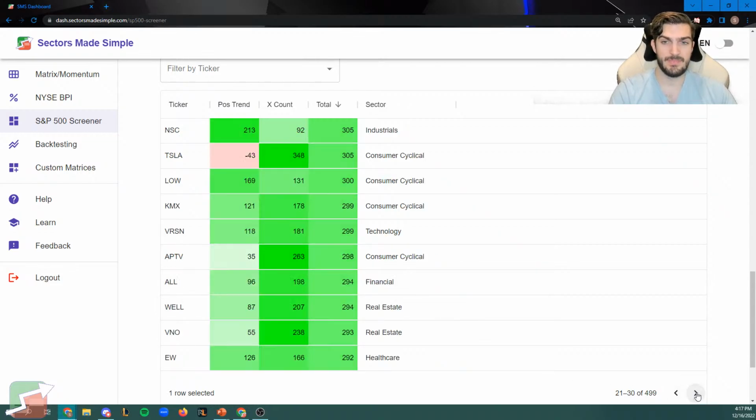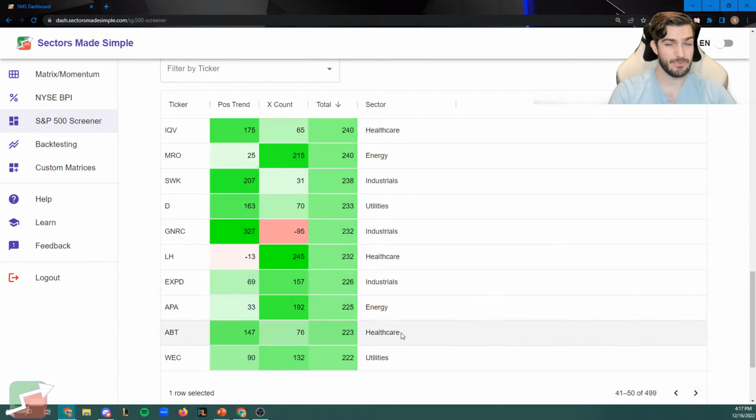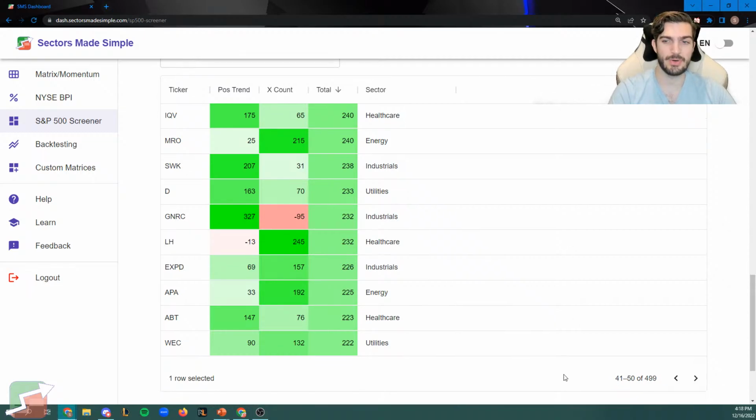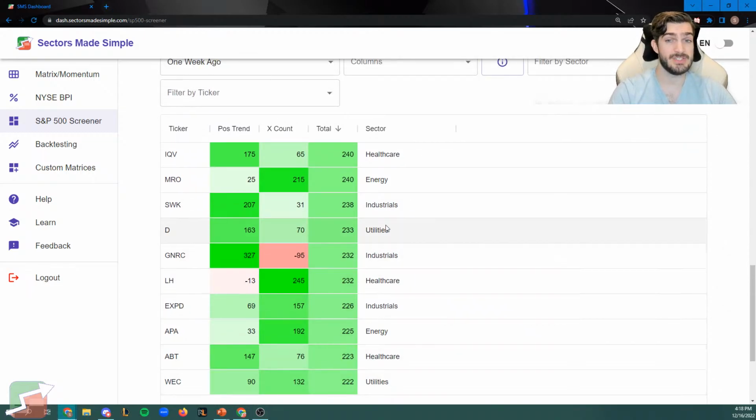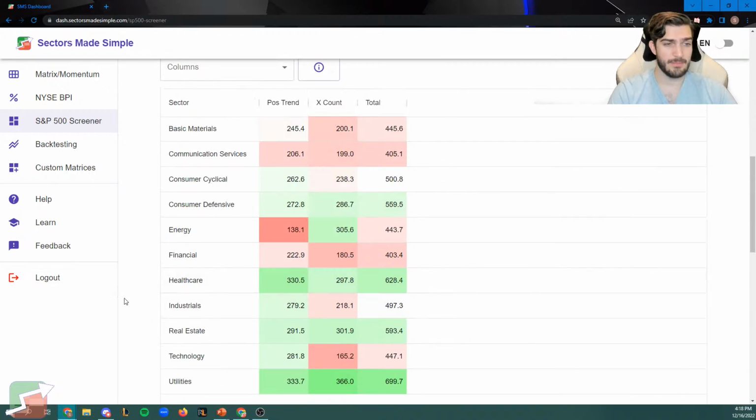In healthcare, in cyclical, in discretionary, the sector that got hit the hardest this week still had a number of companies perform extremely well in terms of relative strength. And again, once we start to get down into the range of 40 to 50, we do see some utilities companies here as well. Now, that's all well and good.